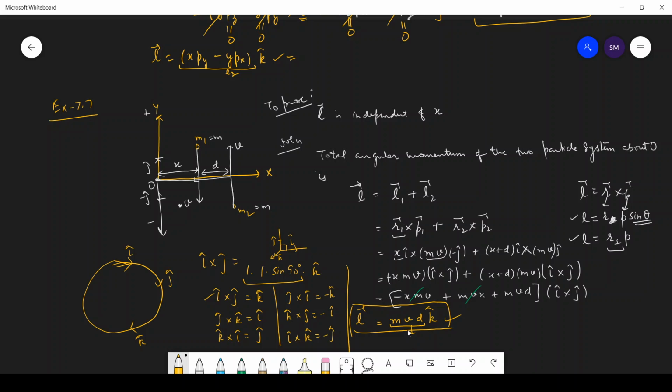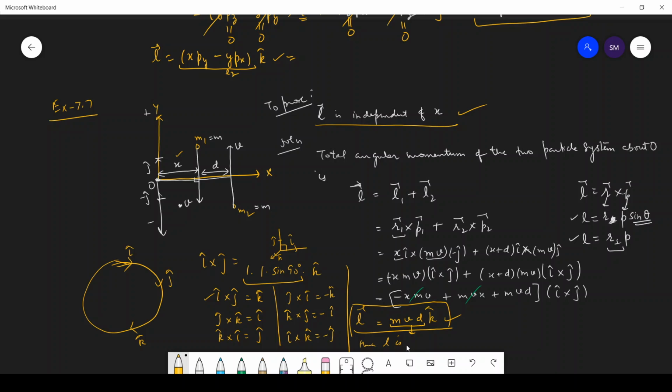There is no role of x here. Only the distance between the particles matters, but where you are taking the origin doesn't matter. So x is not part of the solution, so L is independent of x.